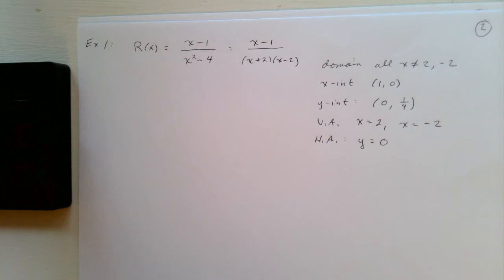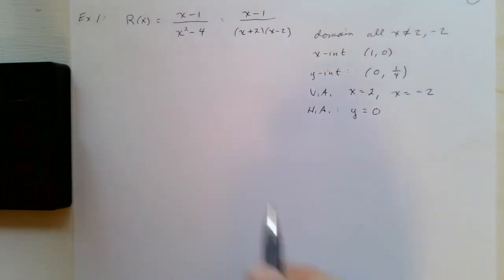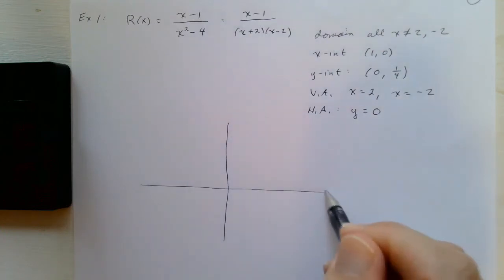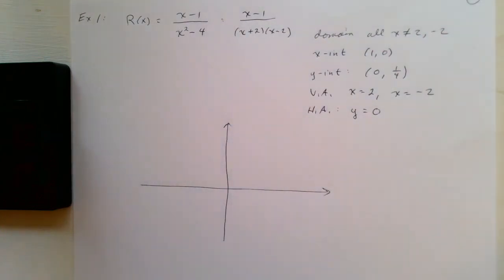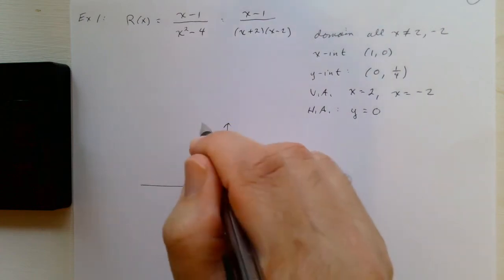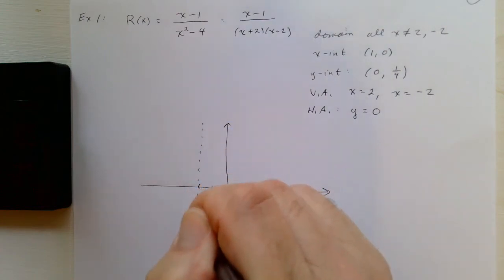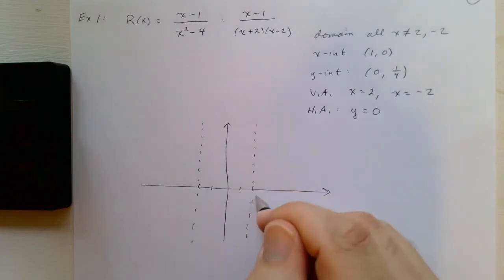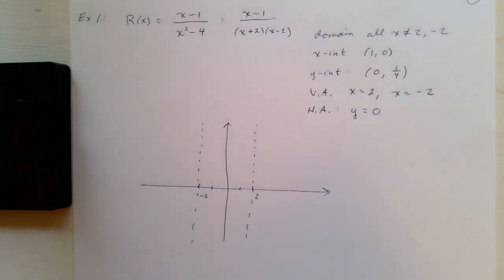Okay, so then we can plot these points and these asymptotes. We'll do the vertical asymptotes first at 2 and negative 2. And then the horizontal asymptote is the x-axis.